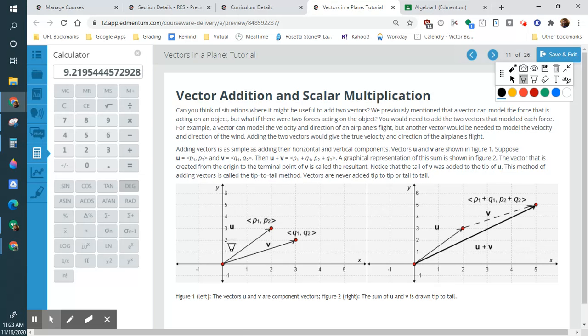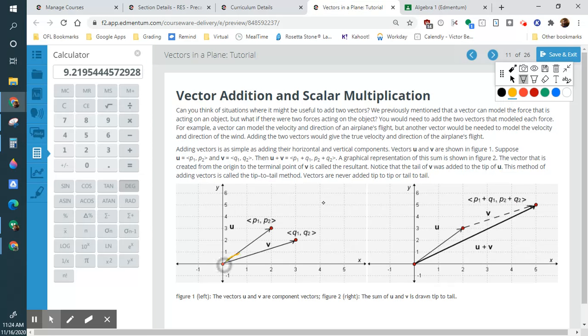Oh wait, no, that's subtraction. I'm sorry, I always get those two mixed up. When we're subtracting vectors, we go from one tip to the other. When we're adding vectors, it's as if we're moving this whole vector right here, and we're going to move it here. And the ending result is going to be that u plus v vector. So think of it this way.